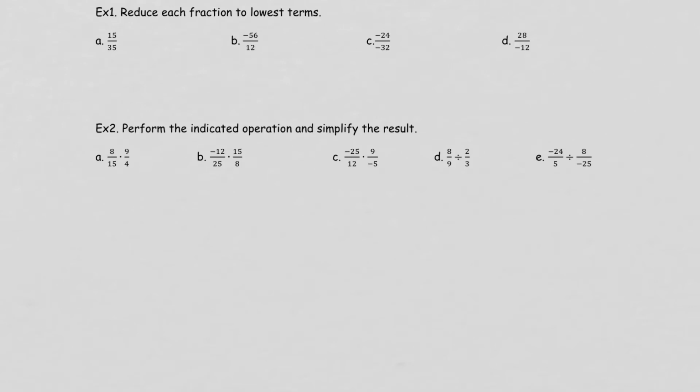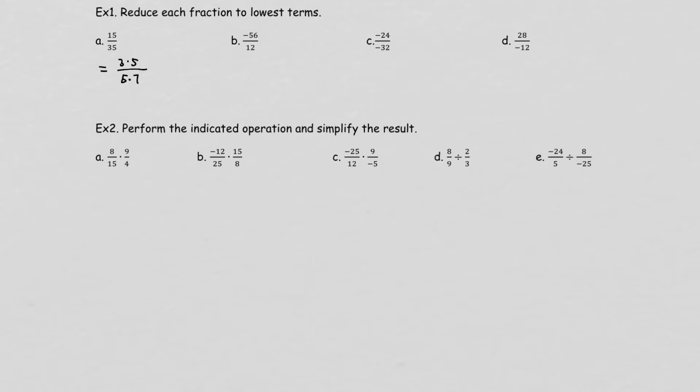Today's lesson, we want to talk about fraction operations. The first example, we want to see if we can reduce to the lowest term. If we have 15 over 35, basically what we have is 3 times 5 to become 15, and 5 times 7 on the denominator to make it 35.